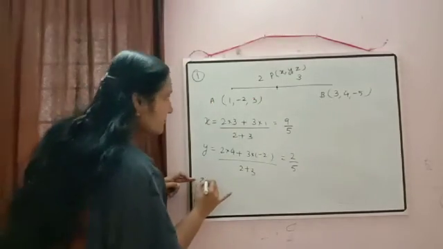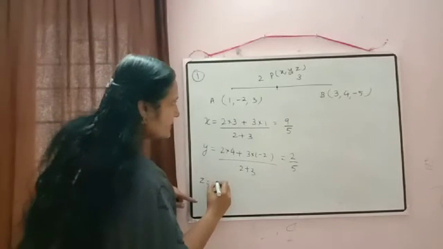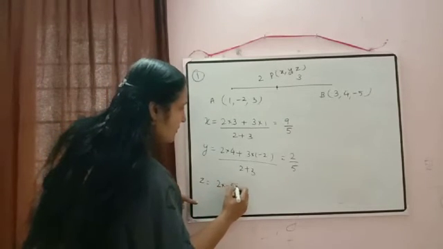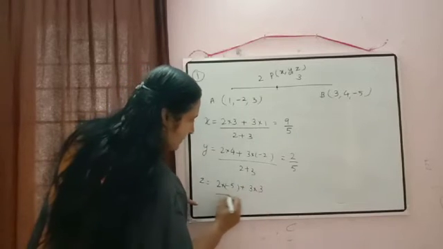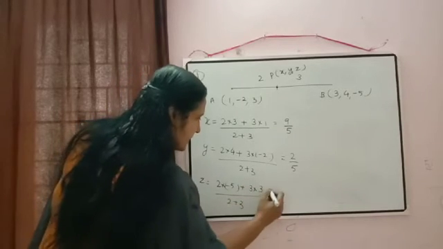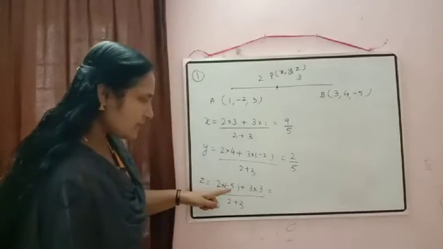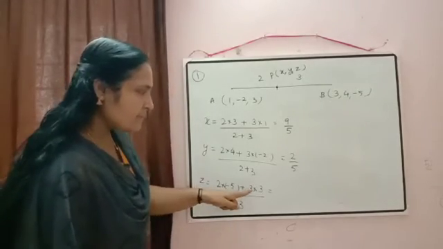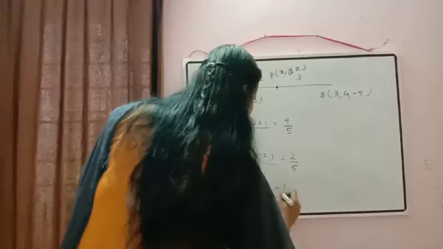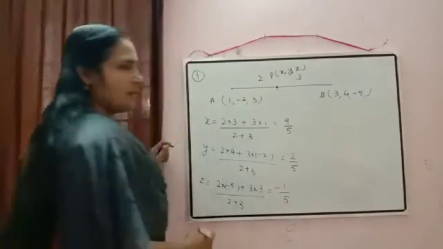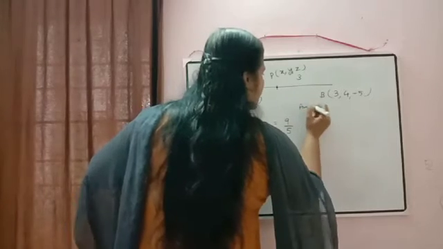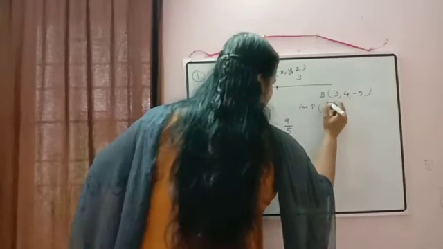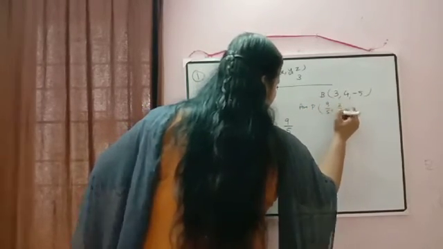Then the z coordinate: 2 into -5 plus 3 into 3, by 2 plus 3. 2 into -5 is -10, plus 9, will be equal to -1 by 5. So we got the coordinates. Answer: P is (9/5, 2/5, -1/5).